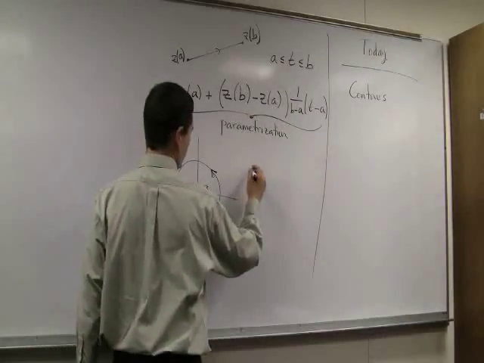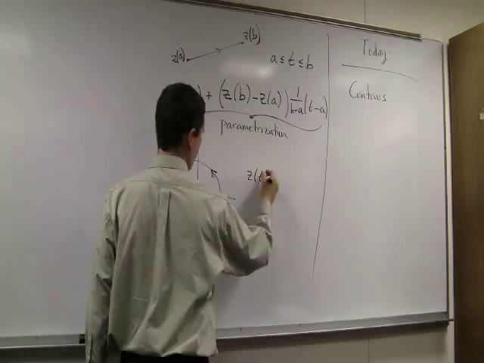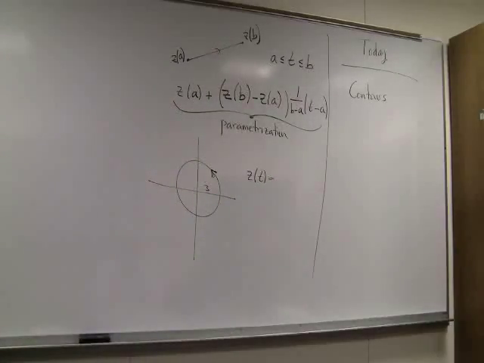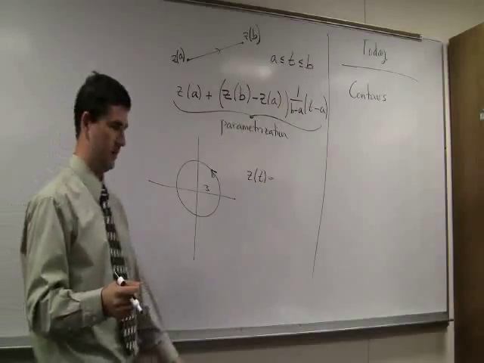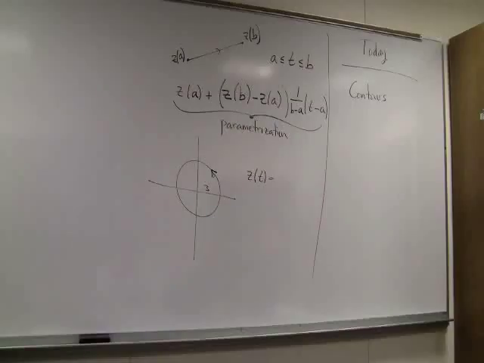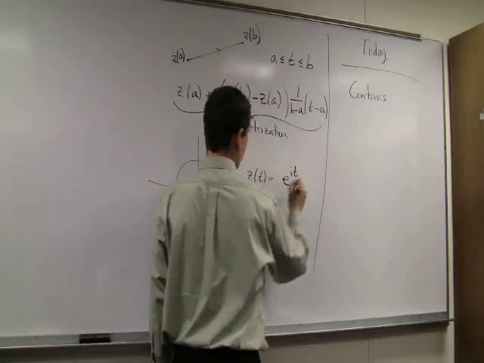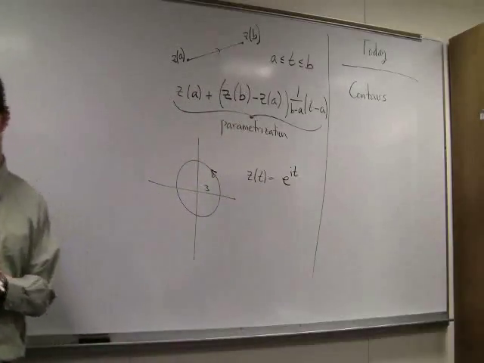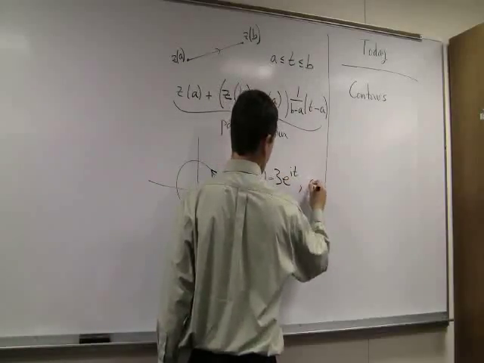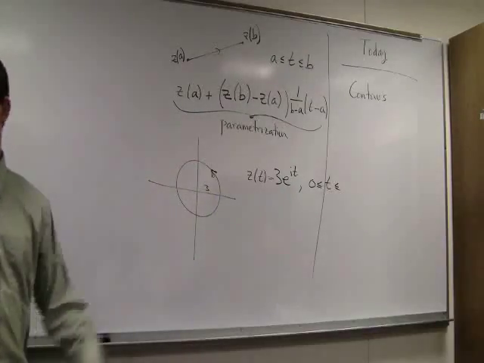Then the Z of t should be what? E to the i t. 3 even? 3, right? Because you want it to be radius 3, so you toss a 3 in there. And here t is running between 0 and 2 pi.